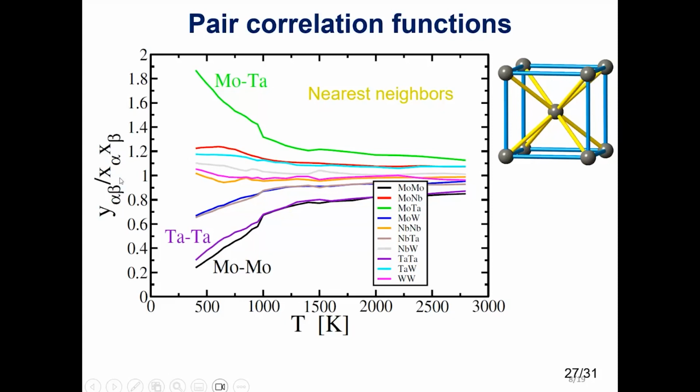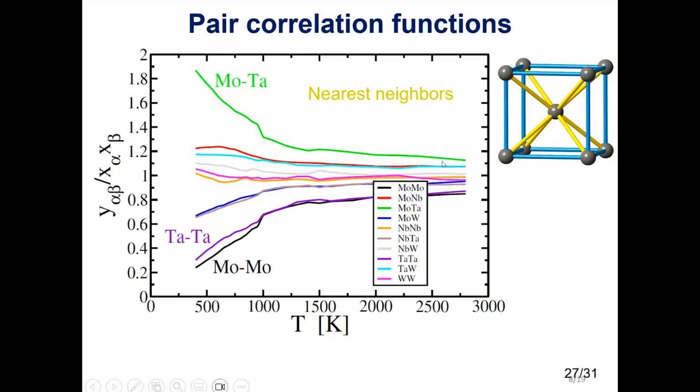X alpha and X beta are the concentrations of alpha and beta. Alpha and beta run over Mo, Nb, Ta, and W. So X alpha and X beta are both a quarter. In the absence of any chemical order, Y alpha beta would be 1/16. That's the square of 1/4. And so this ratio would equal 1 in the absence of chemical order.